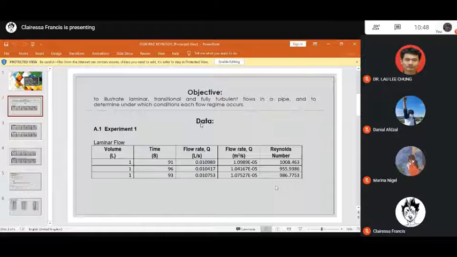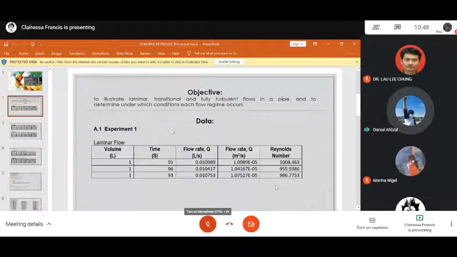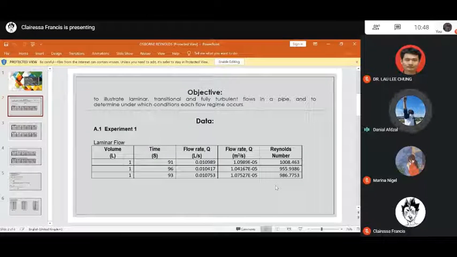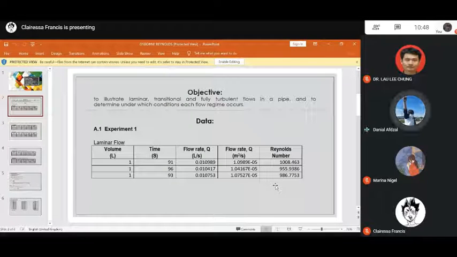Okay. Clear. Who is presenting? Okay, so this is the data for laminar flow. For each experiment we conduct 3 times.